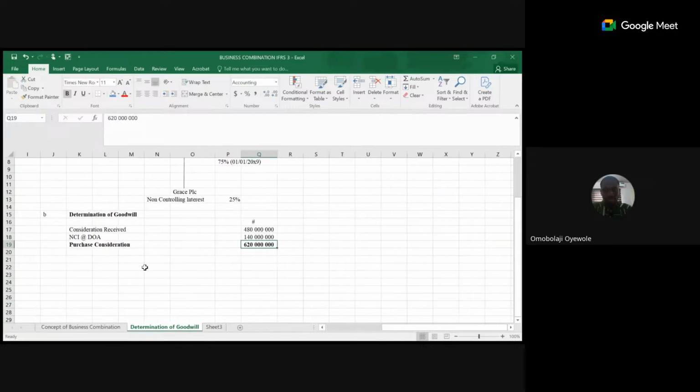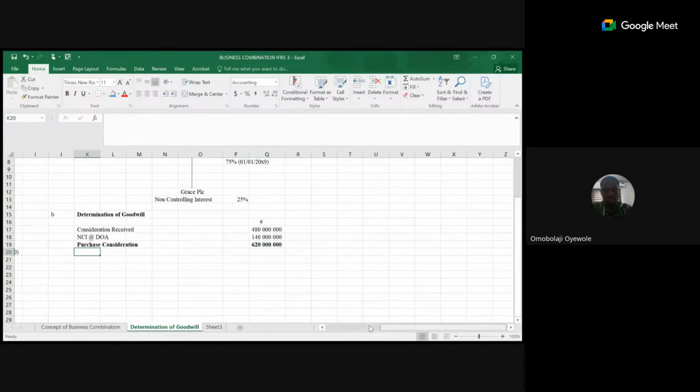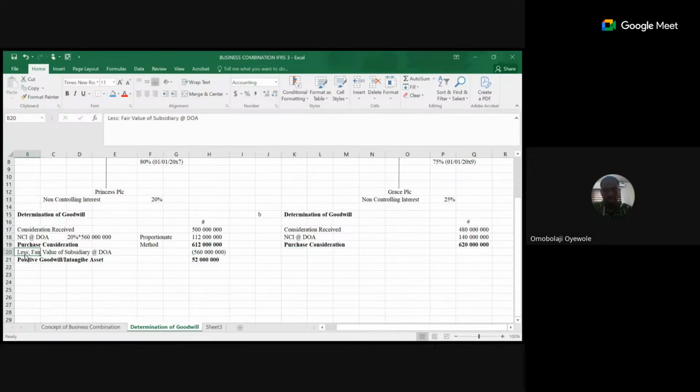Remember, bold this. Then what's the next thing we are going to do? Less the fair value of the subsidiary. So what's the fair value of the subsidiary in the question? 540 million. So we less 540 million, and that gives us 80 million.